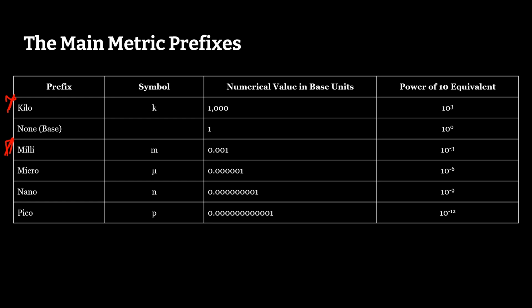Now, how we look at this is going to be looking at a base unit first. So I'm going to take a look at our grams. If we have grams and we're going to take a look at our milligrams, for example, how we would look at this conversion is going to be through the power of 10 equivalent.